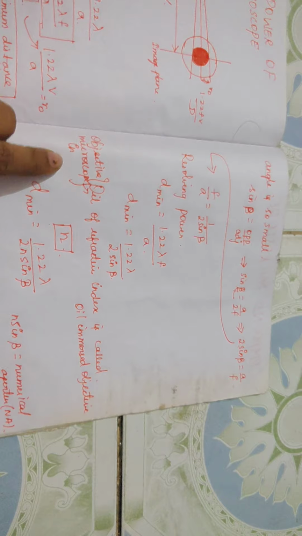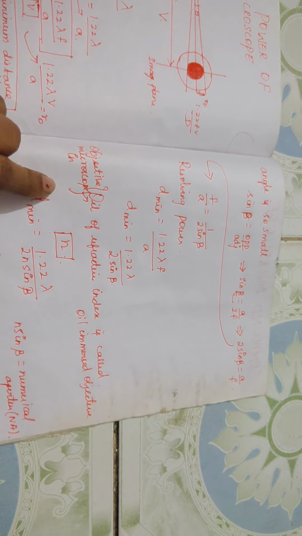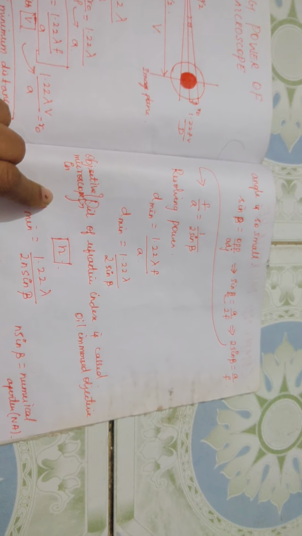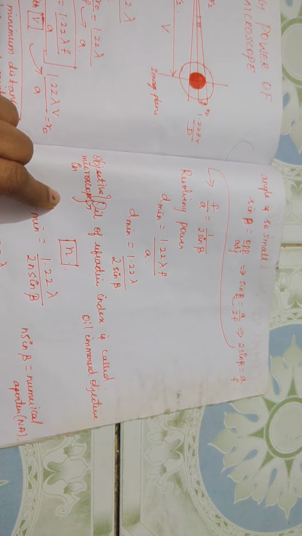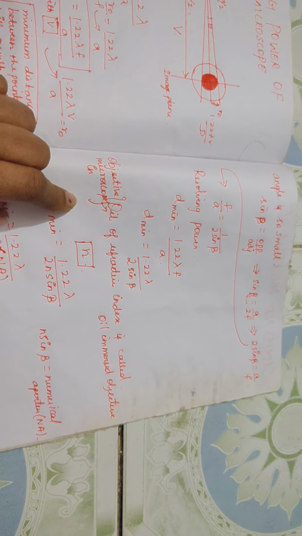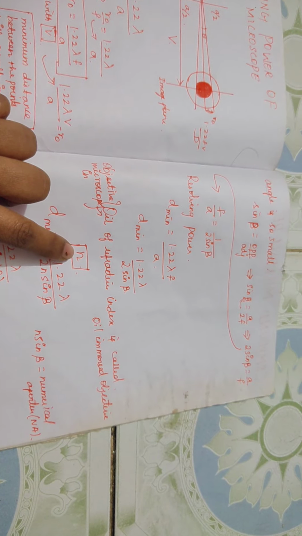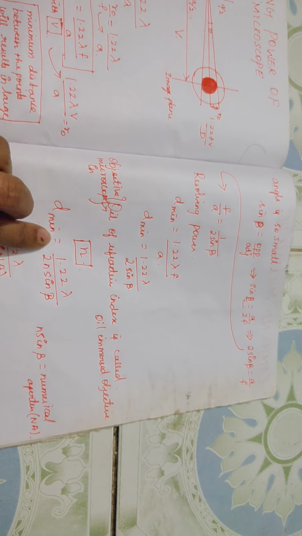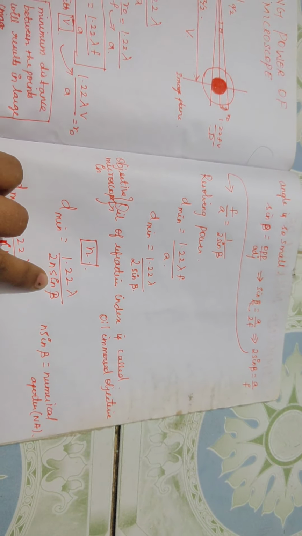Now consider the objective of the microscope in oil of refractive index. If I place the object in oil, nothing but a medium with some refractive index, that is called an oil immersion objective. So I can now introduce the letter n here because of the refractive index. So D minimum is equal to 1.22 lambda divided by 2 n sine beta.